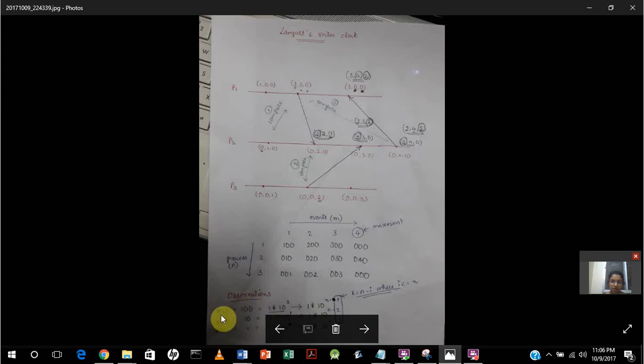You see E1 1, this is given as 100. This can be written as 1 into 10 to the power 2, which can be written as 1 into 10 to the power n minus 1, where n is the total number of processes. So 10 to the power 3 minus 1 is 10 to the power 2.